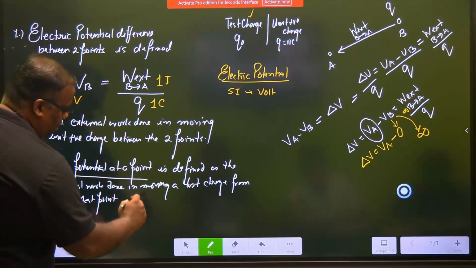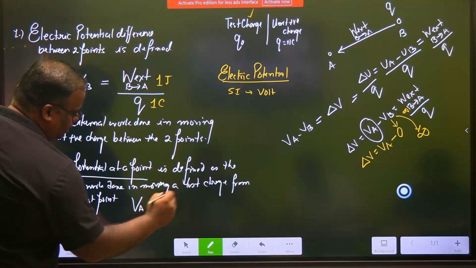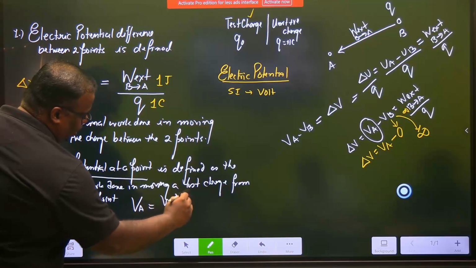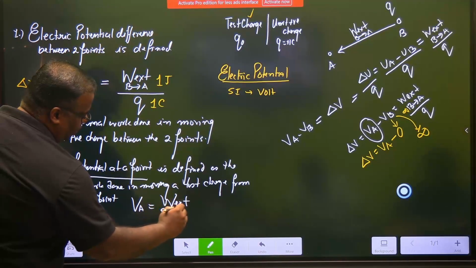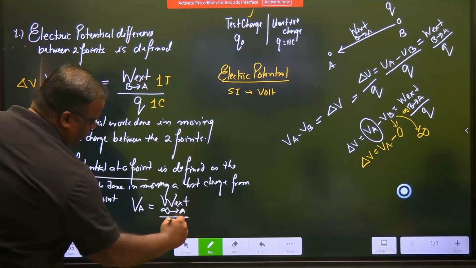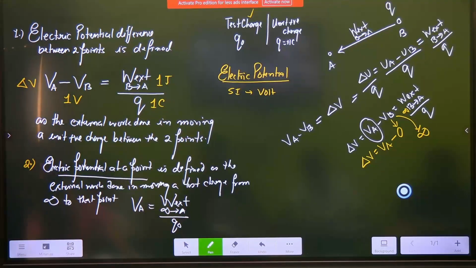So you can write that the potential at A is said to be the external work done in moving a charge from infinity to A. Moving what charge? Test charge. External work done.